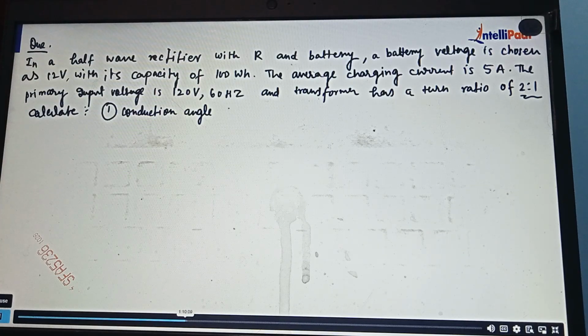Don't be confused: this conduction angle doesn't mean it is the angle of the diode. A diode is not a three terminal device. So conduction angle of the diode. Second one, load resistance, meaning battery internal resistance. Third one, power rating of resistance.